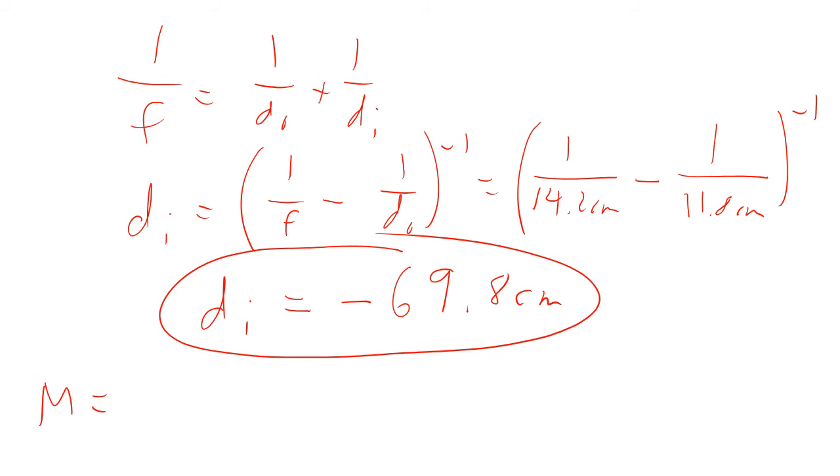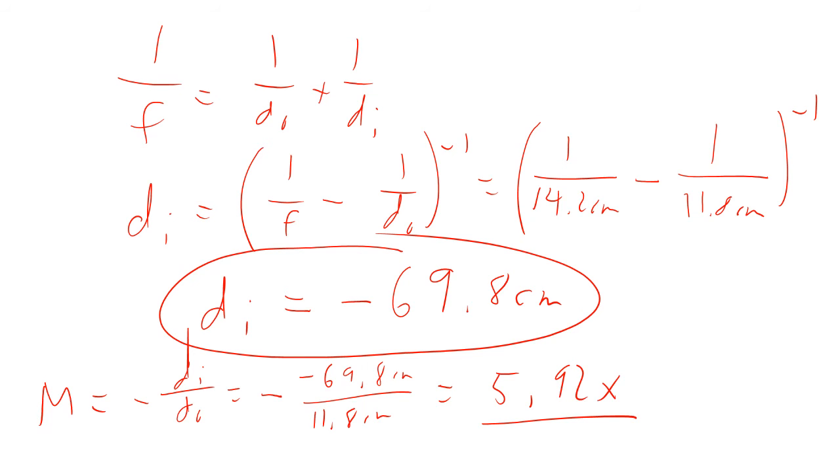The magnification is, if you remember, minus di over do. So that's going to be minus a negative 69.8 centimeters divided by 11.8 centimeters. So that's going to be 5.92 positive. So the magnification is positive.